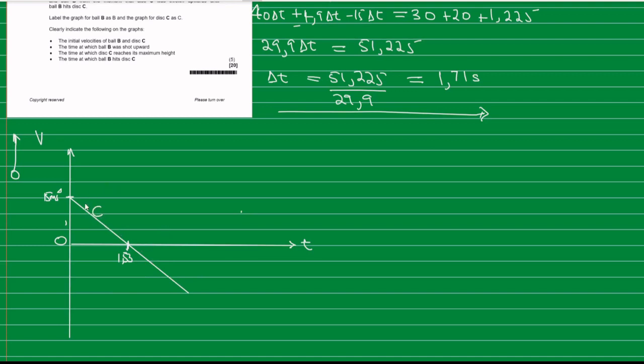Now, ball B was projected, it was thrown up at a speed of 40 meters per second. We still have it here, if you still remember. But it was thrown after 0.5. So after 0.5, let's put our 0.5 here, somewhere there.